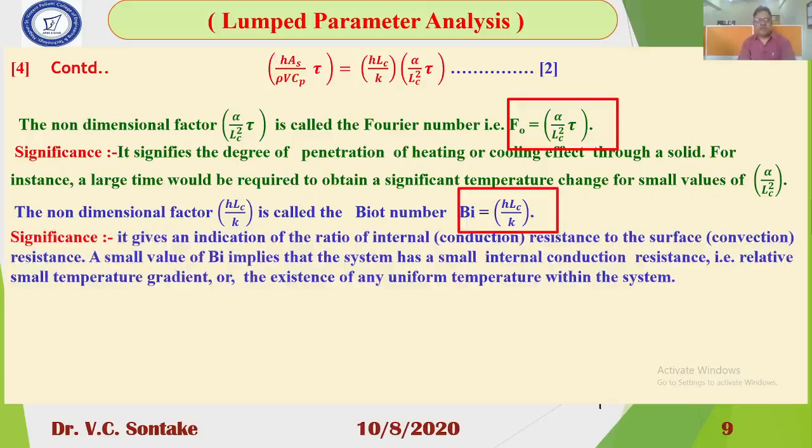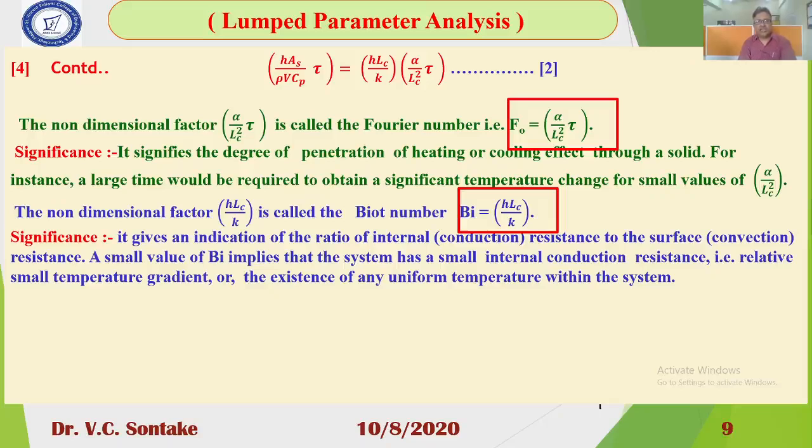Biot number gives the indication of the ratio of internal conductance resistance of the body to the surface convection resistance of the surrounding to which the body is exposed. So if the value of Biot number is small, it means the internal conductance resistance of the body will be small or negligible.